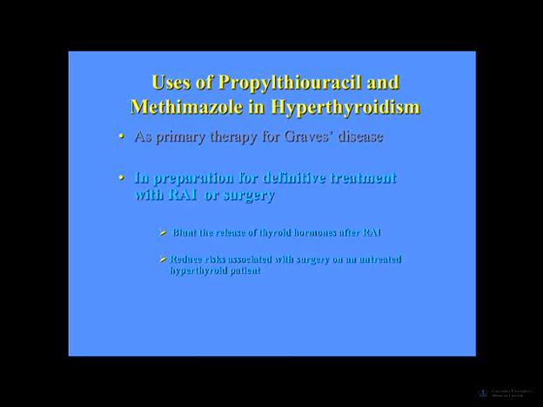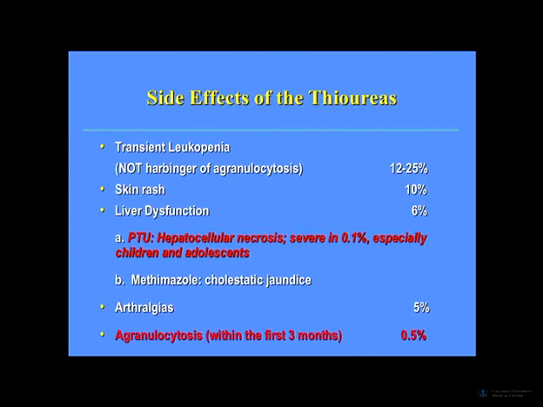But for old guys like me, it matters, because who knows? You may have a little coronary artery disease, it could set off atrial fibrillation. So basically, with younger people we're a little bit more liberal, but certainly in patients over the age of 50, we pre-treat with thioureas before administering radioactive iodine.